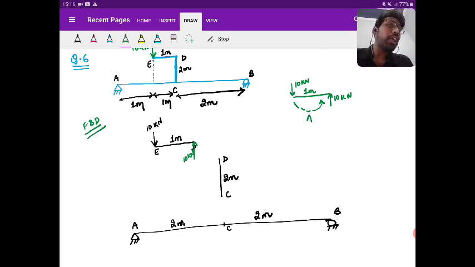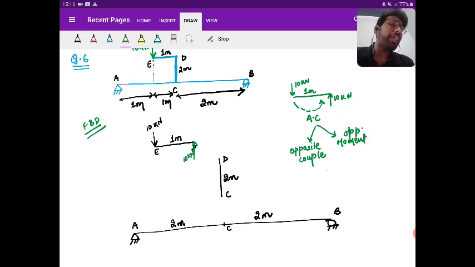This is anti-clockwise direction. So a couple can be balanced in two ways. One, by applying the opposite couple, and other by applying the opposite moment.